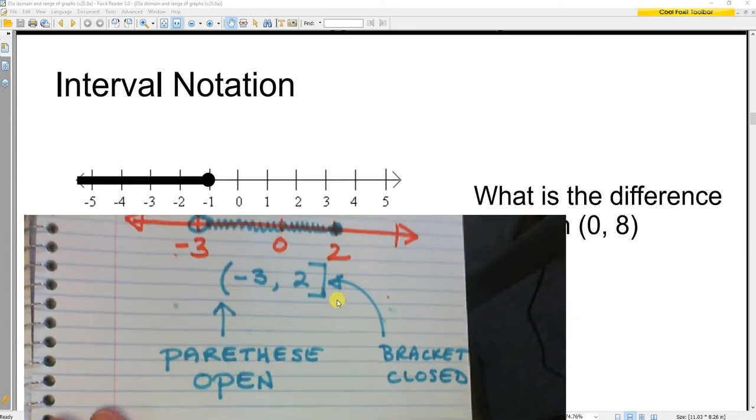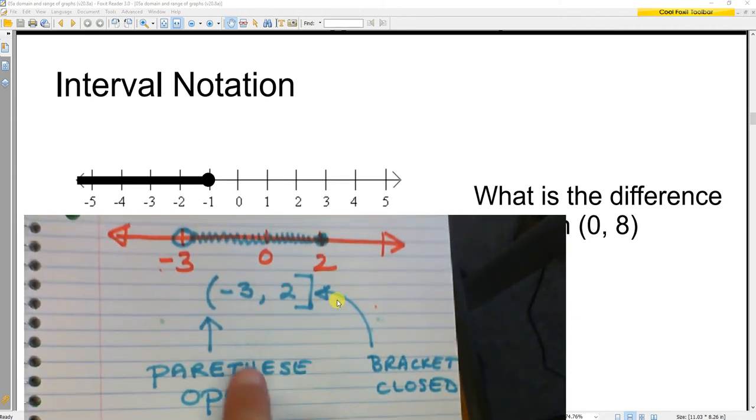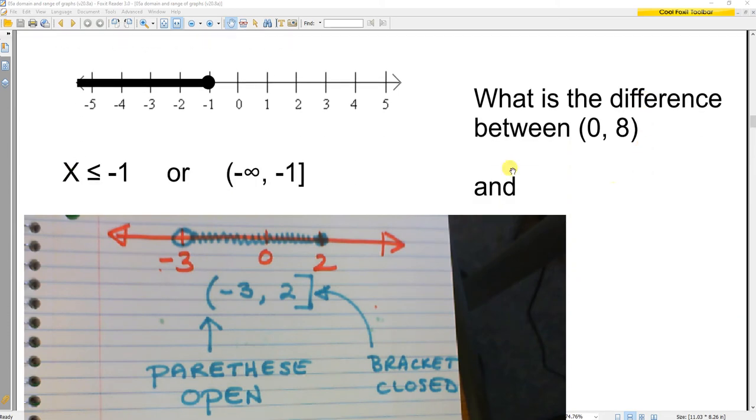So just like the circle types, the parenthesis is an open circle and the bracket is a closed circle. So when I look at this guy right here, this would be -infinity to -1. It's closed at -1, and it's always open at infinity. Infinity is always going to be an open circle because we can't really get to infinity.